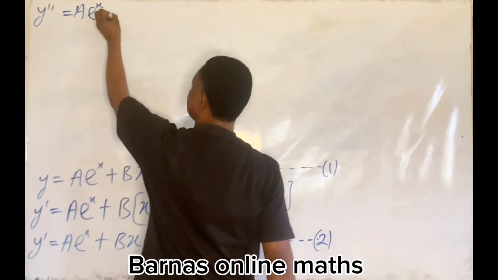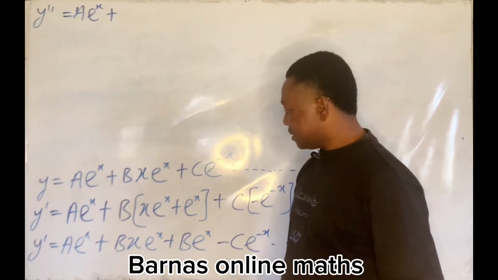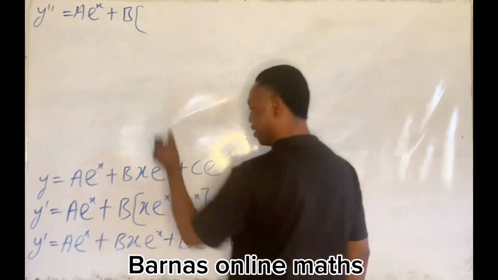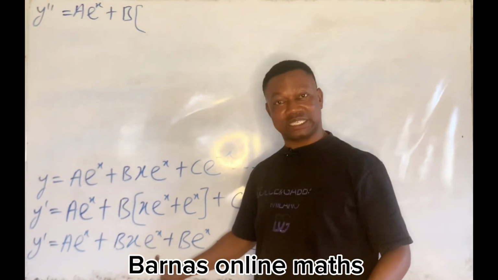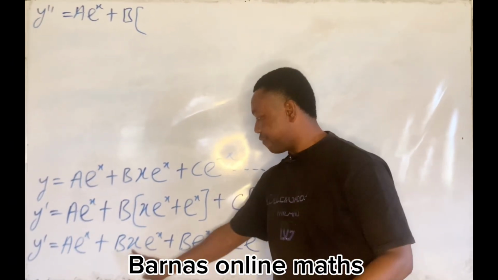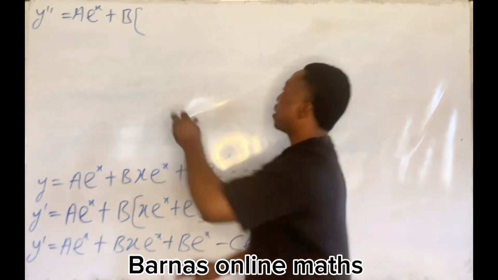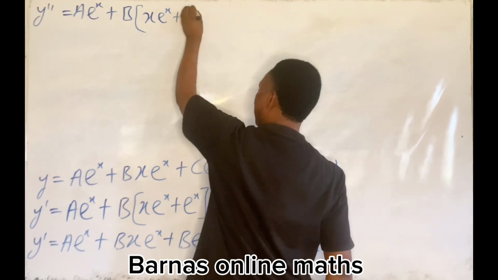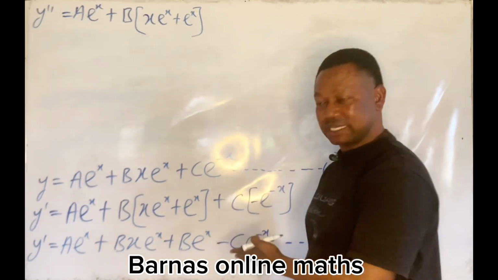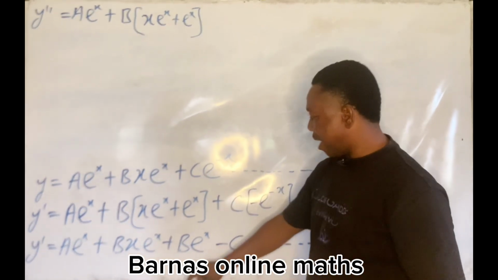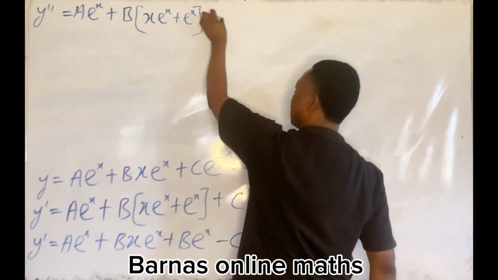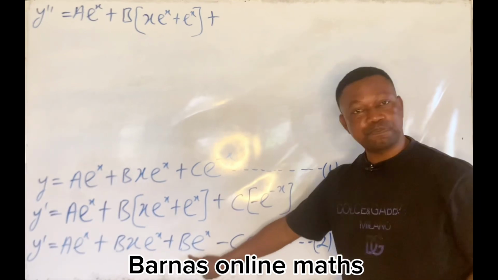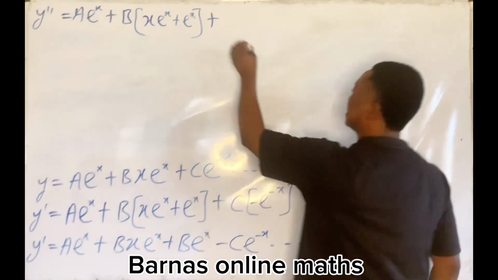This plus is this. Then we have b is a constant. The derivative has to be on x e to the power x. We have done that. If you differentiate x e to the power x, we're going to have x e to the power x plus e to the power x. We now have this plus is this. Then differentiate, of course, b is a constant.